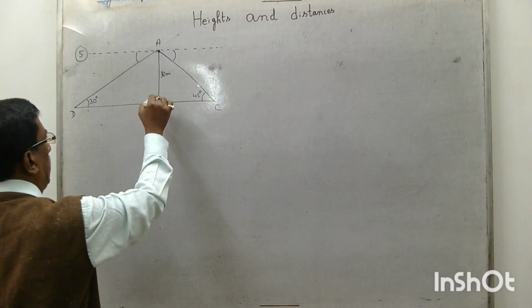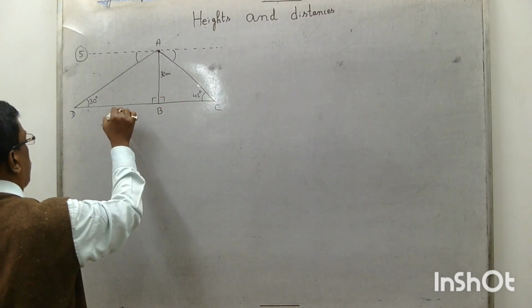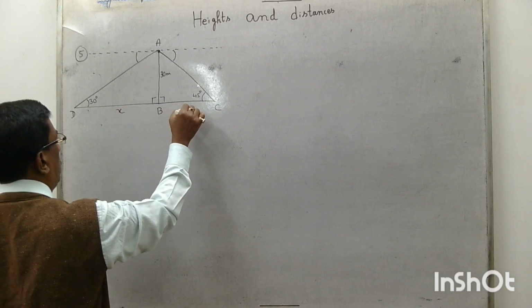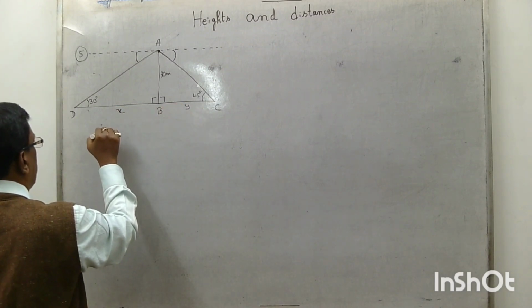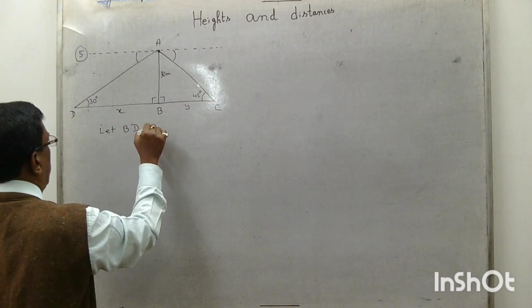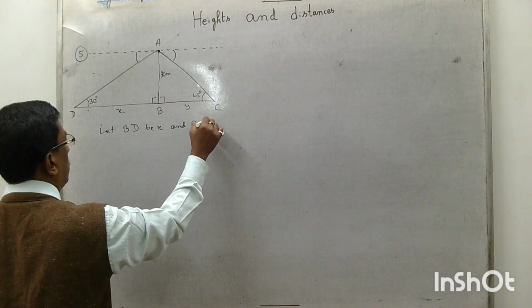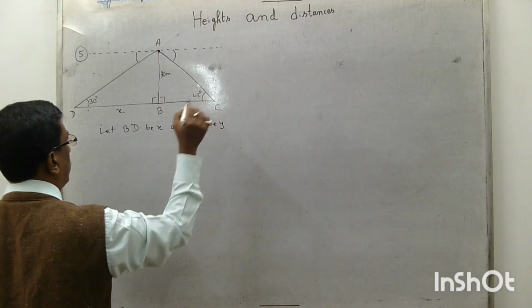Now this is a right angle triangle, this is also a right angle triangle. Let BD be x and BC be y.